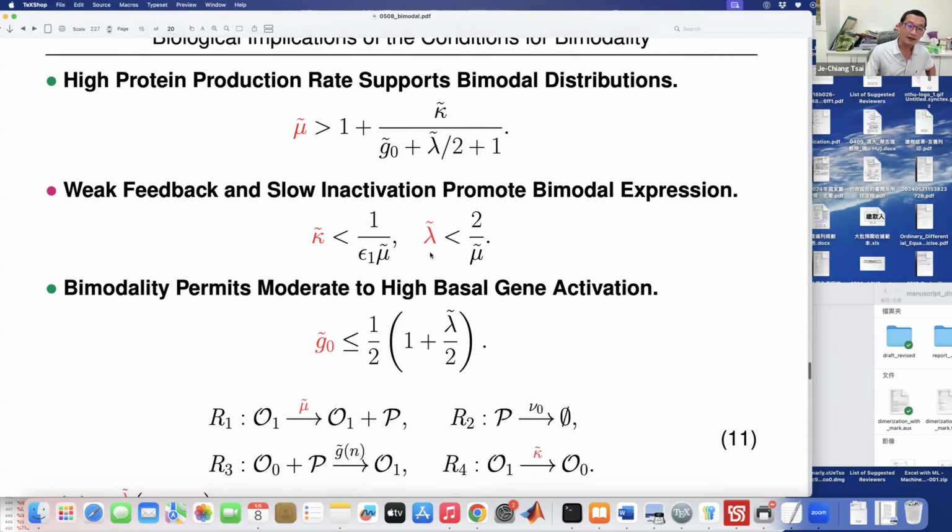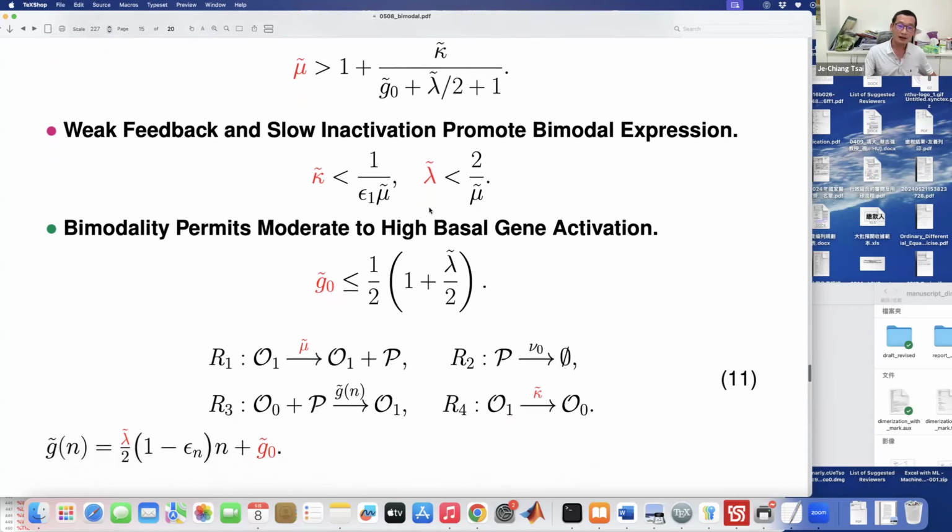What's lambda delta? Lambda delta describes this activation function. Recall that in our model we have a dimer protein, or dimerization process. So the dimer will interact with the DNA through this activation function.